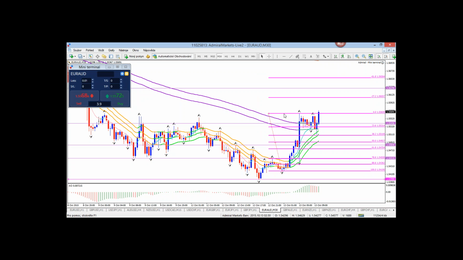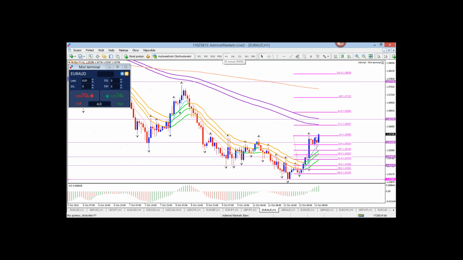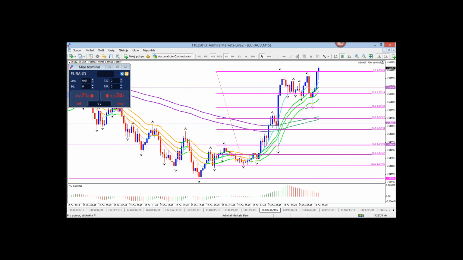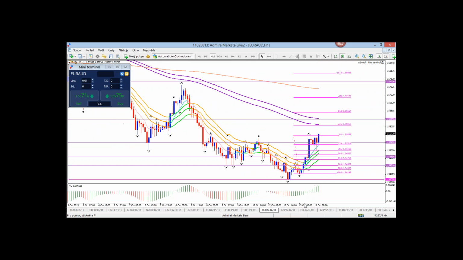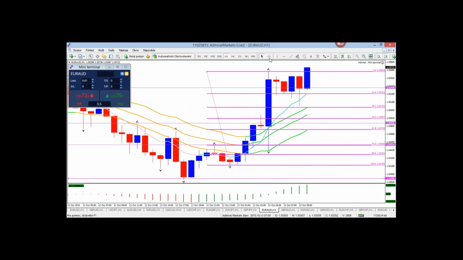All right. So yeah, from that point of view, I think there's a potential for a reversal trade if it slightly pulls back still. Now this hourly candle is, I don't know, it doesn't make sense.